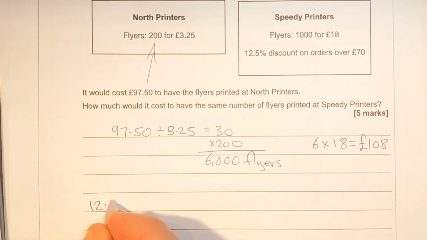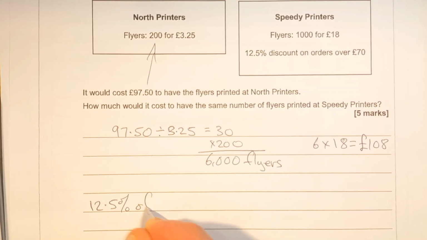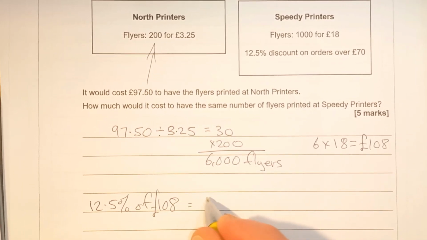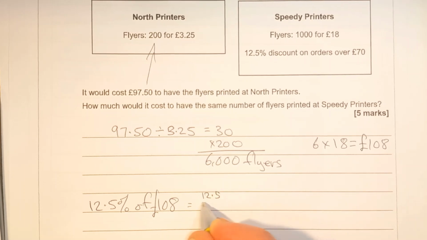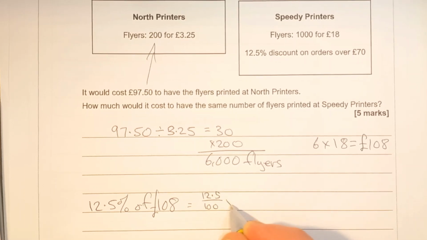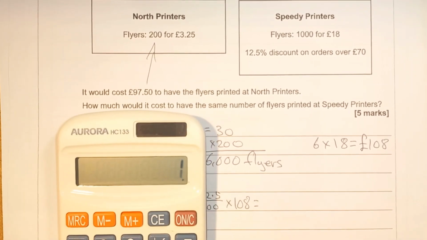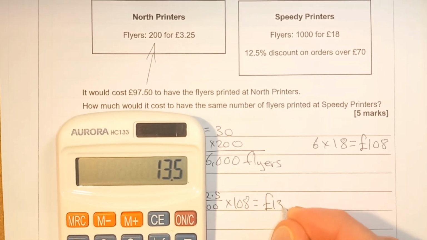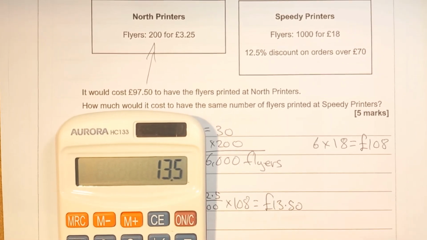So we want 12.5% of £108. So that's 12.5 out of 100 times 108, which gives a discount of £13.50.